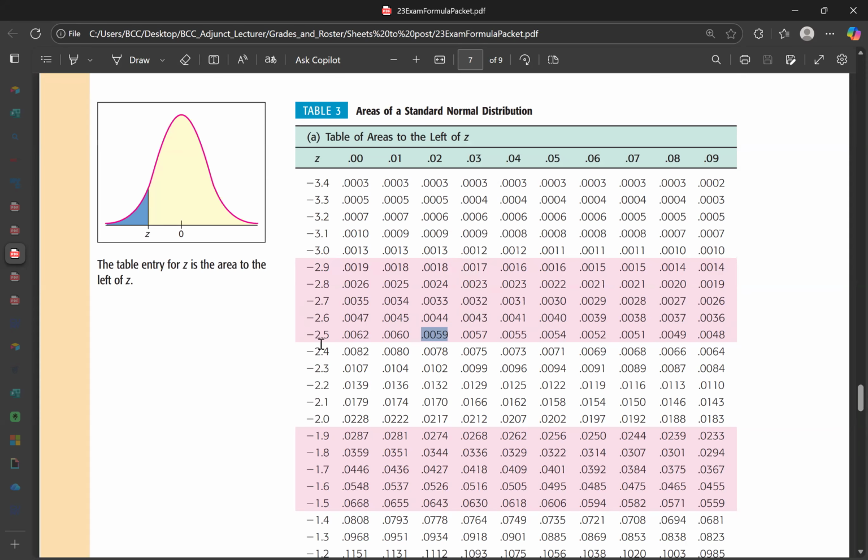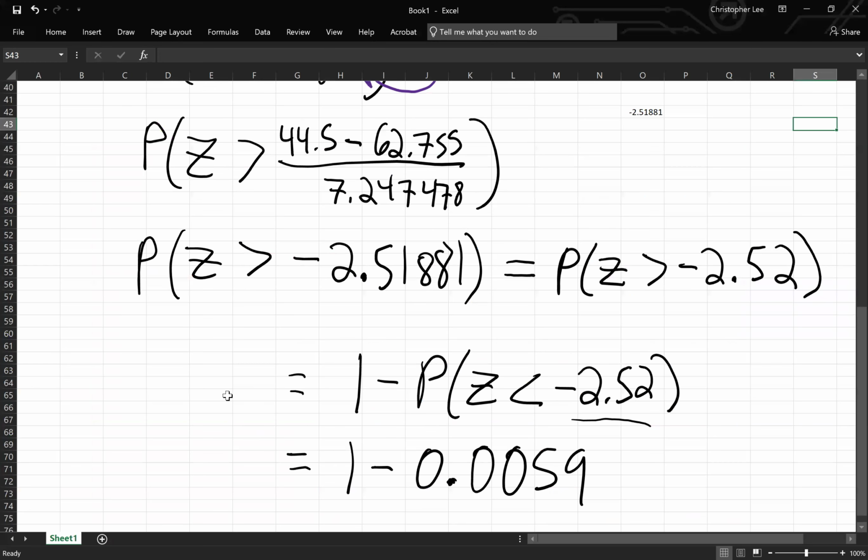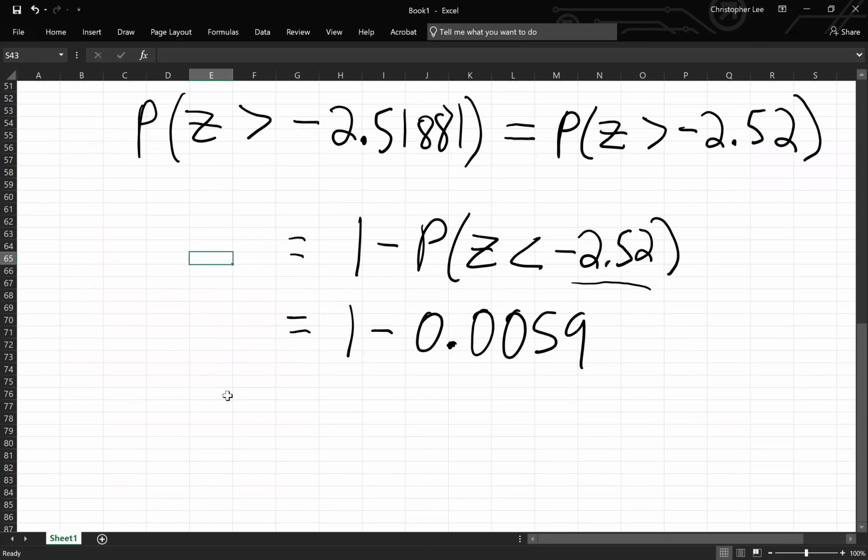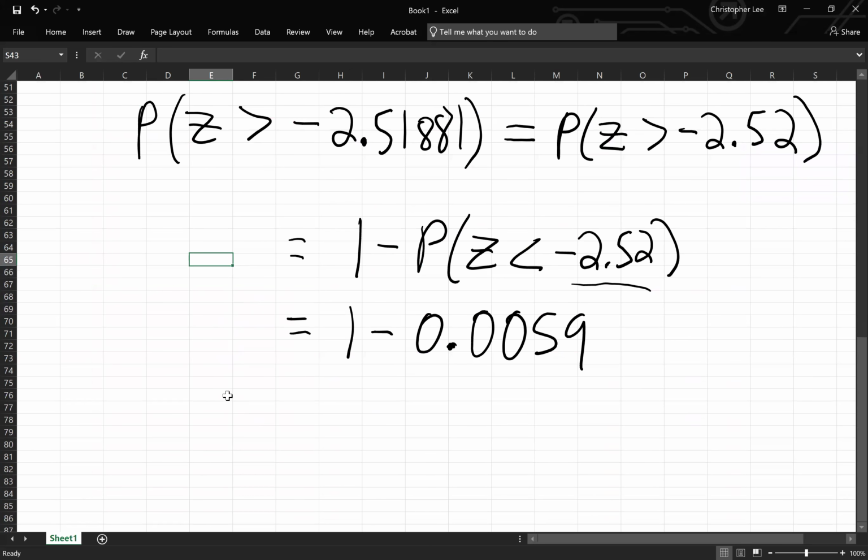That's our final answer. No, we have to do 1 minus that. That's the final answer. So now it's 0.0059.